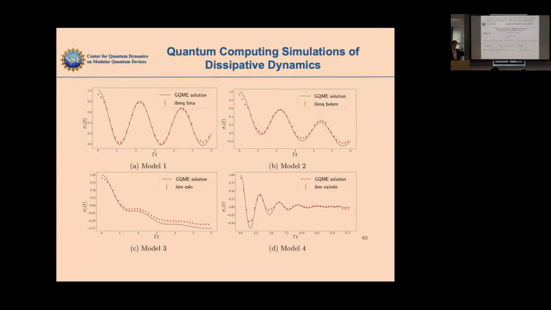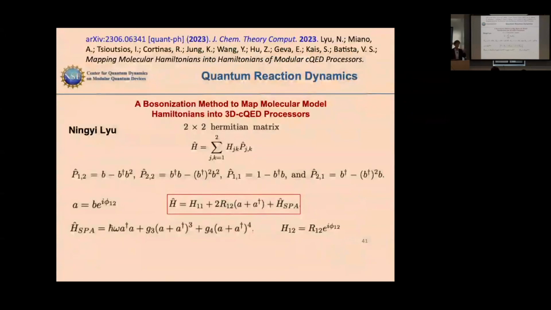So in going in that direction of using the gadget, the question is now, how do we map the Hamiltonian of the molecular system into a quantum circuit? So how do you program the computer? How do you define the Hamiltonian of the quantum circuit that corresponds to the Hamiltonian of your molecular system?